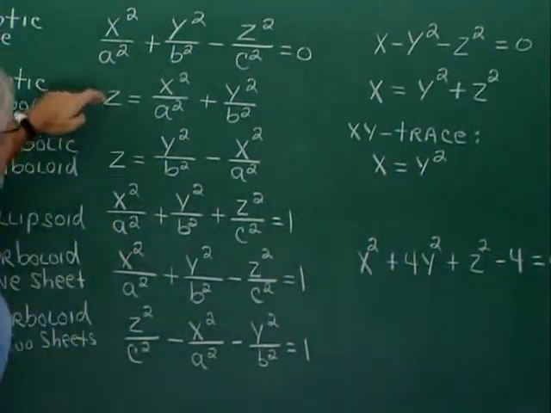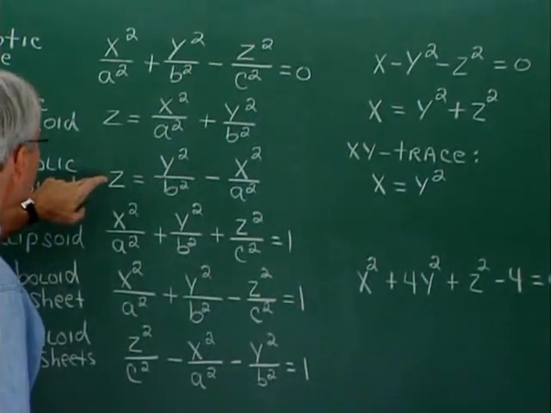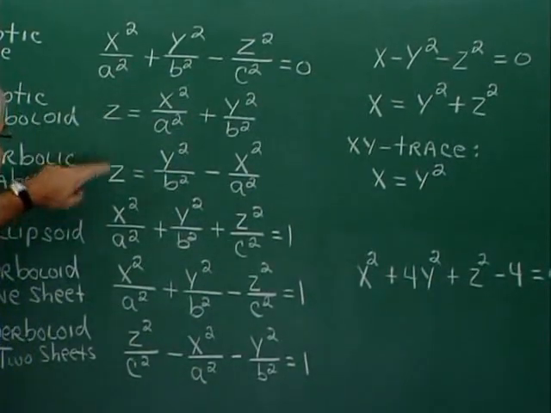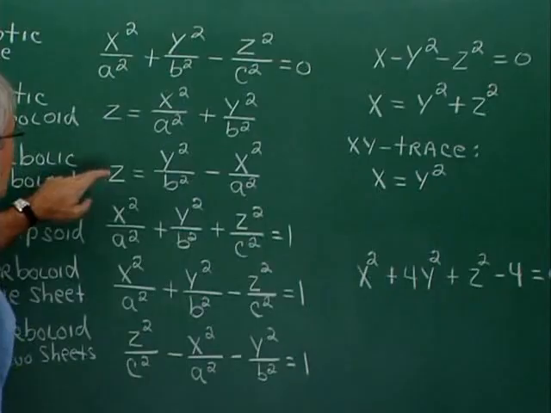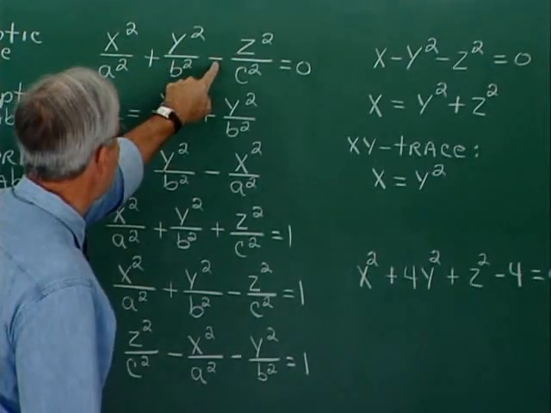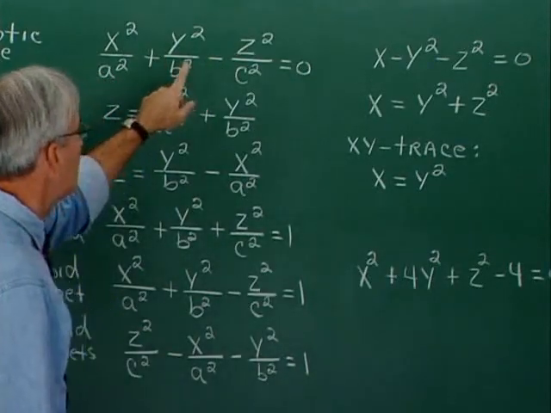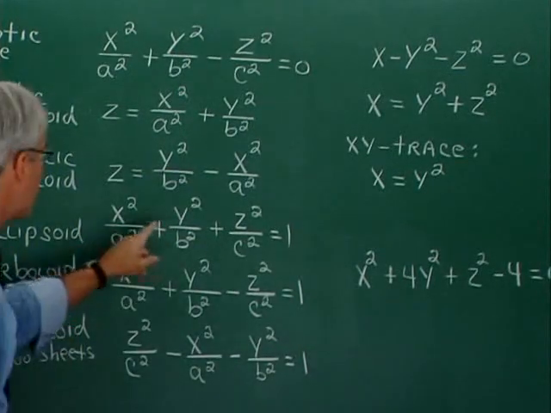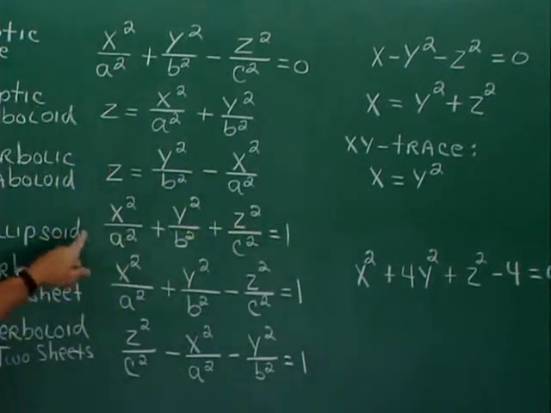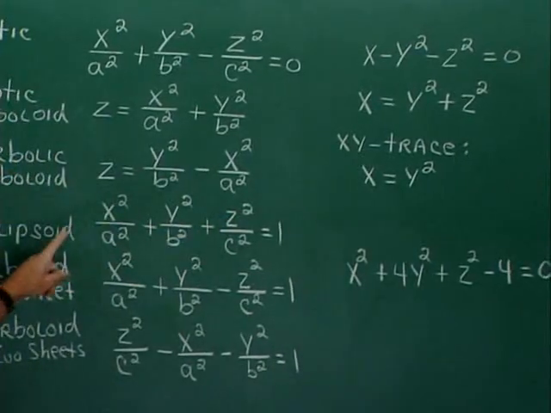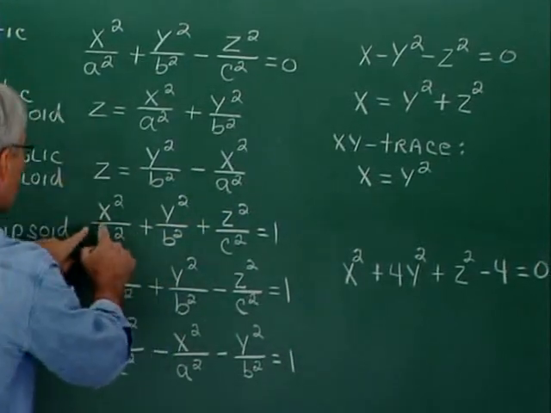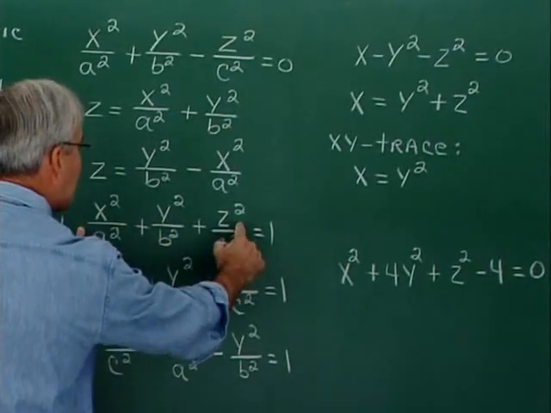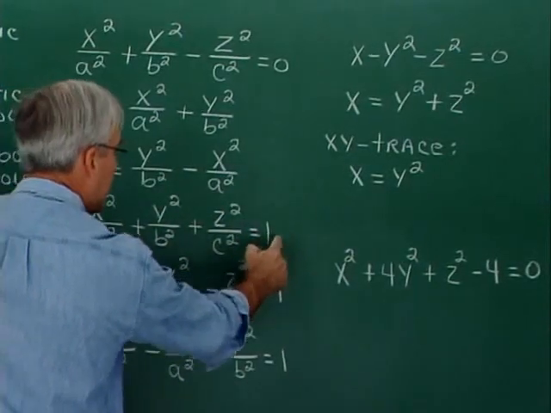You see, these two we throw out immediately because we have a first degree variable in these two. Right? And here we would throw this one out because we have a minus sign preceding one of the terms. This one might be a pretty good candidate. Hey, wait a second, this is it. We're adding all of these guys, and we have a constant on the right, and the constant is 1.